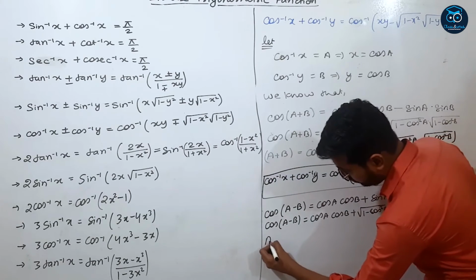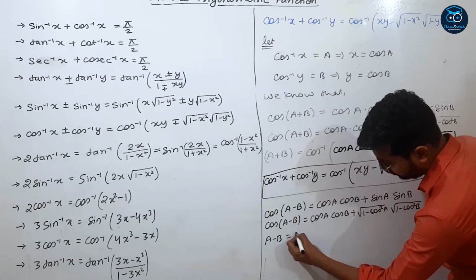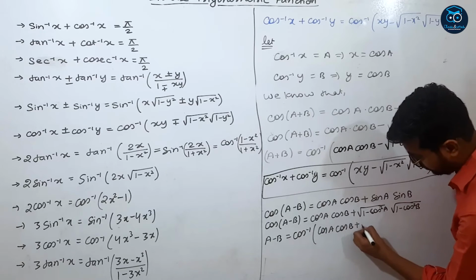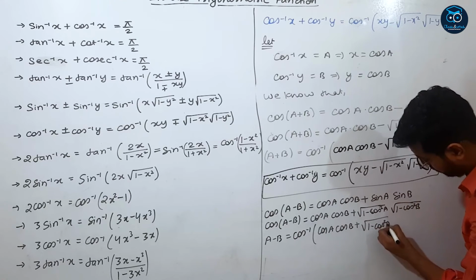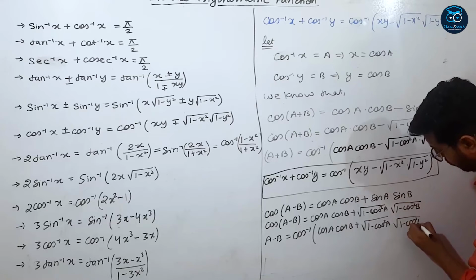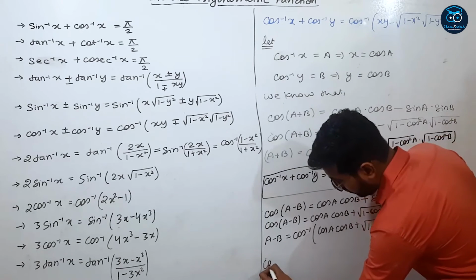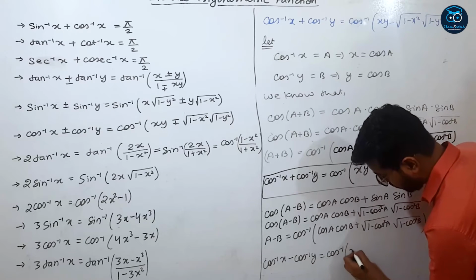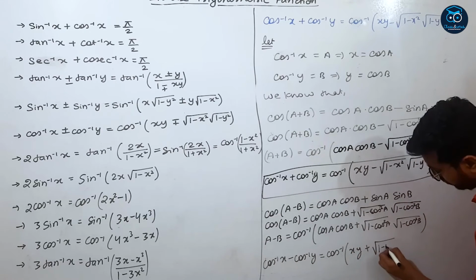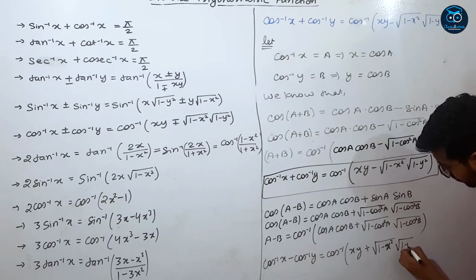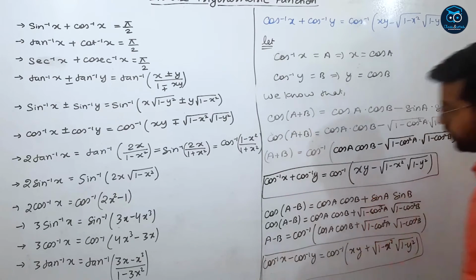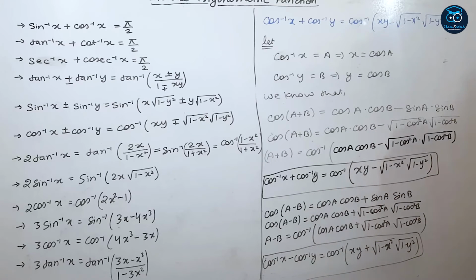Before substituting, just transpose this cos term. Now a is cos inverse x, so cos inverse x minus cos inverse y equals cos inverse of xy plus square root of 1 minus x square into square root of 1 minus y square. This is the required equation for the cos function. Now before moving further, just pause the video to note it down.